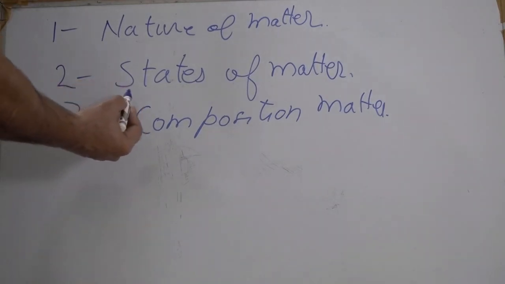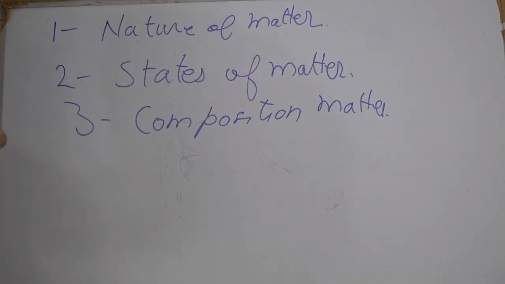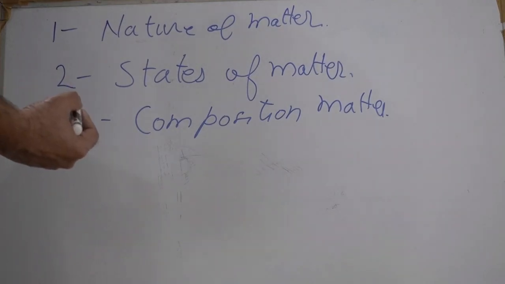At number two, we studied the states of matter. Generally, matter exists in three states: solid, liquid, and gaseous. The solid state has the lowest kinetic energy in its molecules.